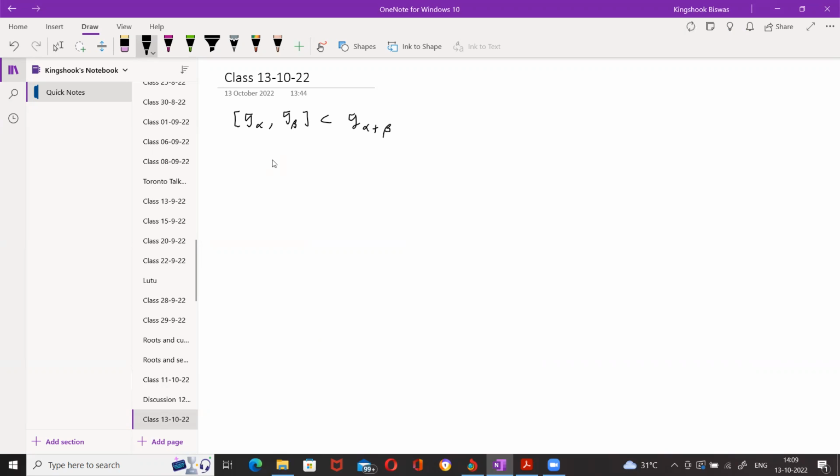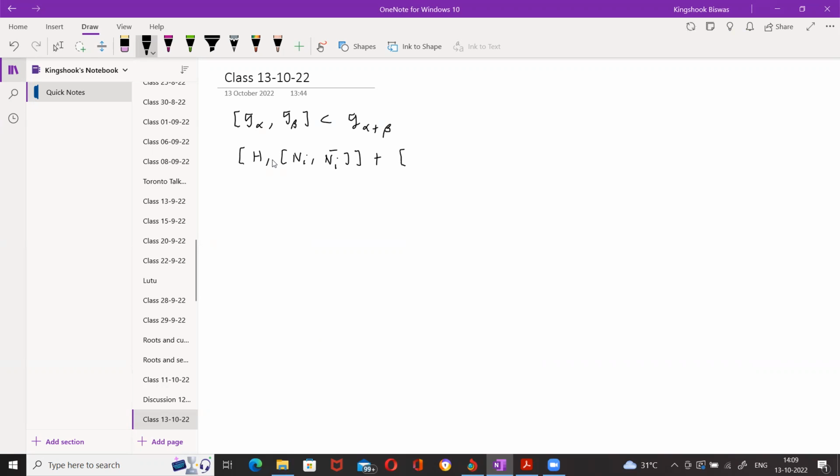So here, if I look at the bracket of H with the bracket of ni and ni bar, then I use the Jacobi identity.